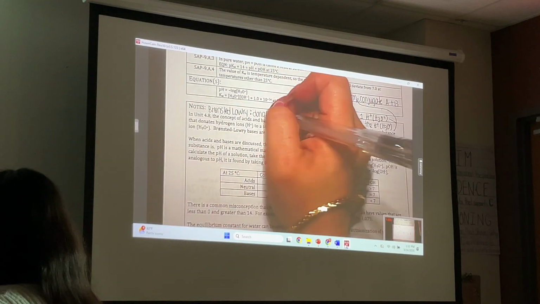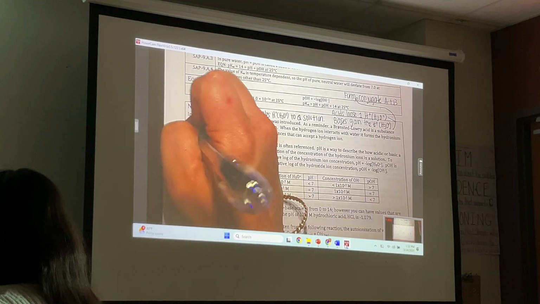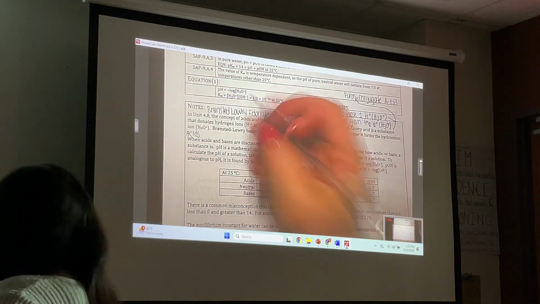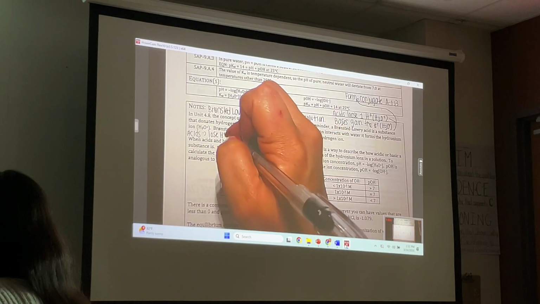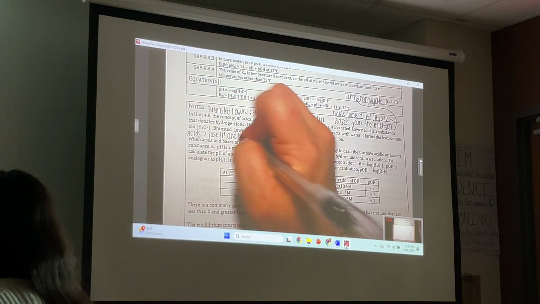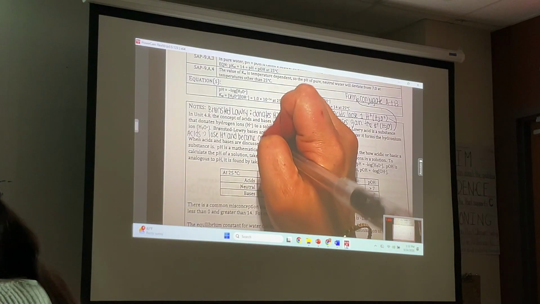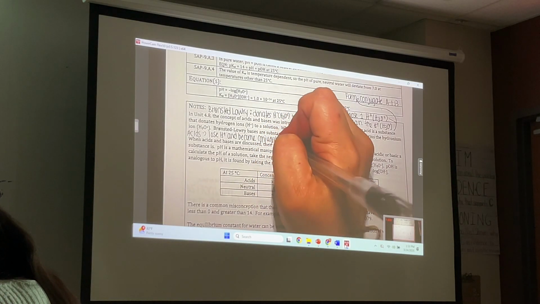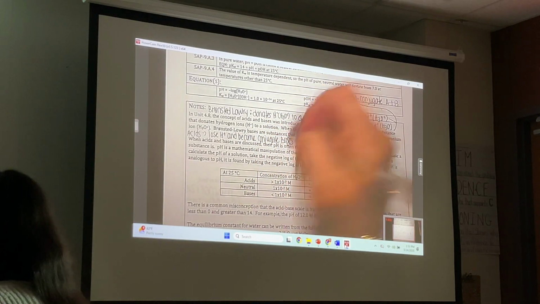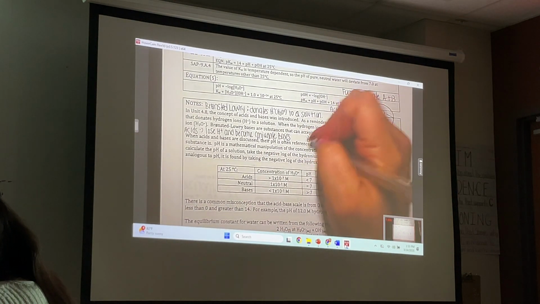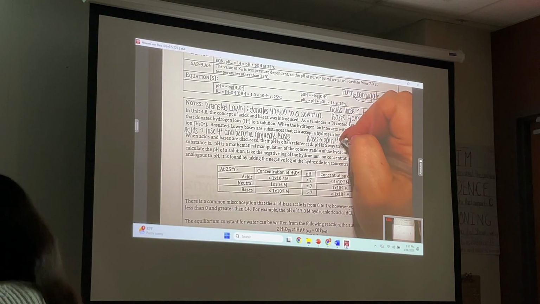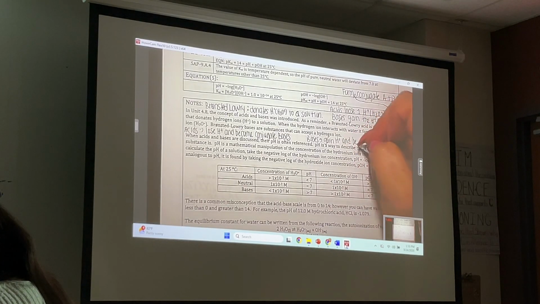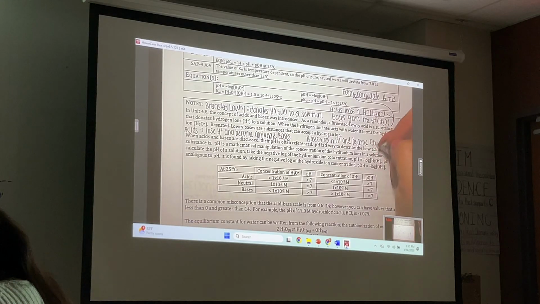Now, for my Bronsted-Lowry, it says basically that acids are going to lose their hydrogen and become conjugate bases, while bases gain hydrogen and become conjugate acids.